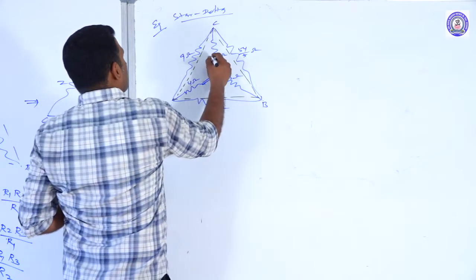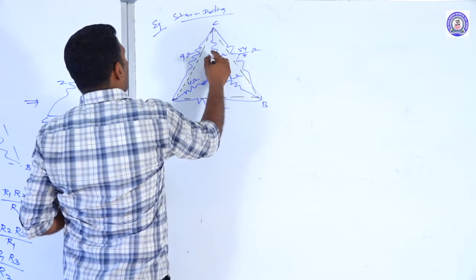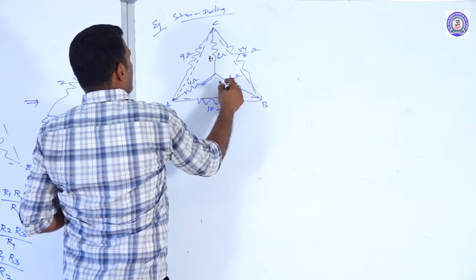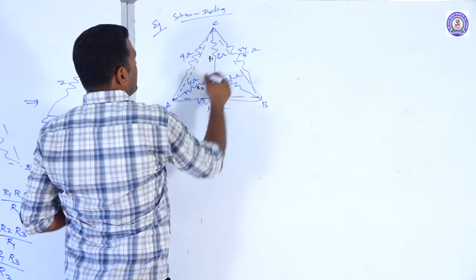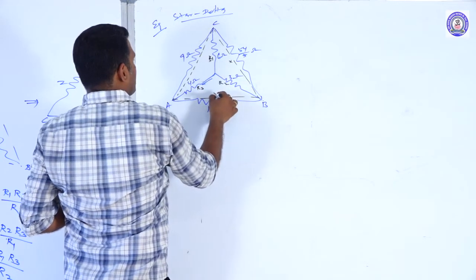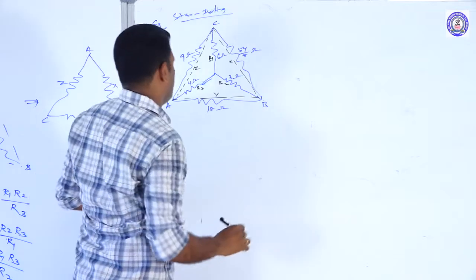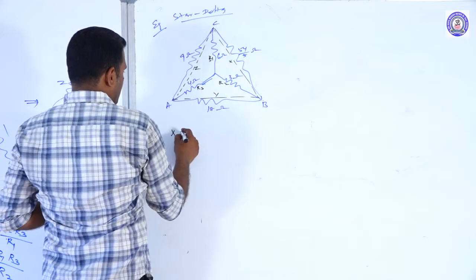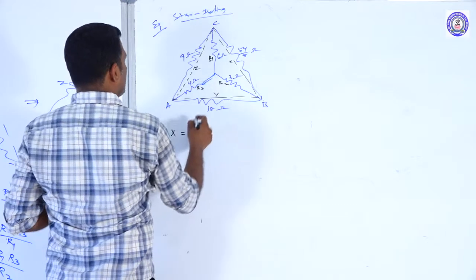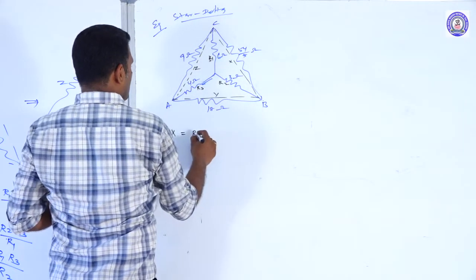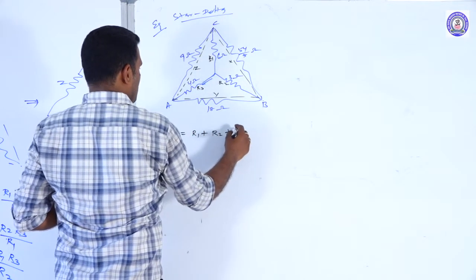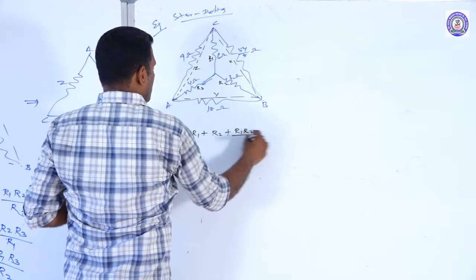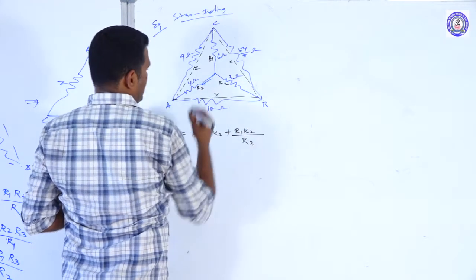I can mark this as, let us say, R1, R2, R3. This side is taken X, this one is Y, and this one is Z. You have to find out the value of X, Y and Z. X is equal to R1 plus R2 plus R1 R2 divided by R3, the formula is this one.